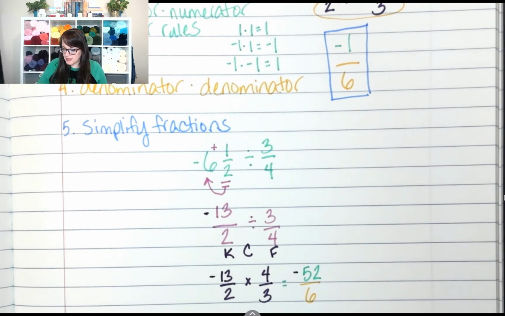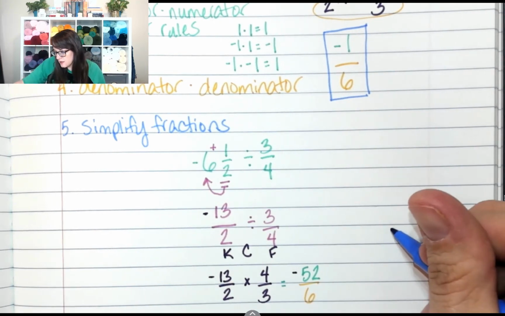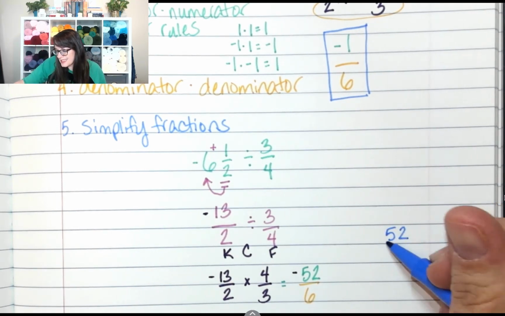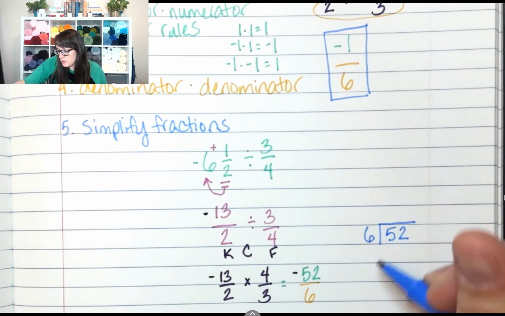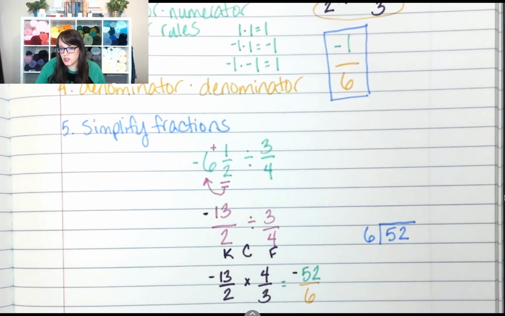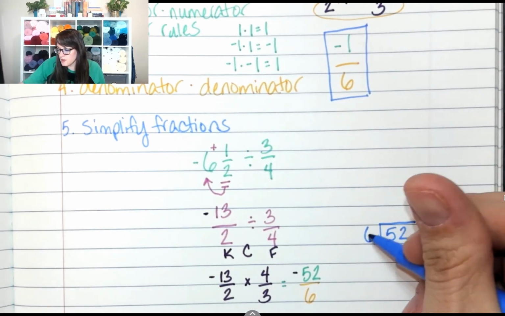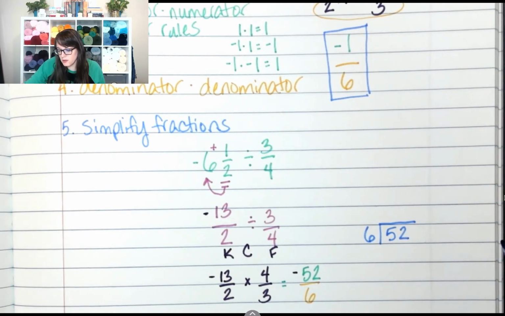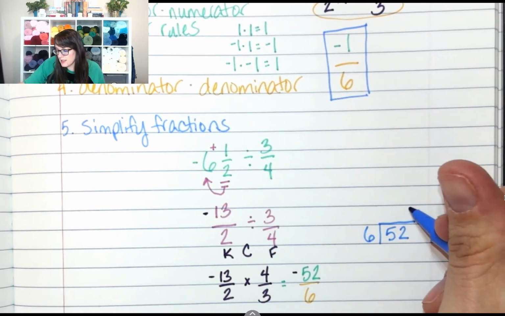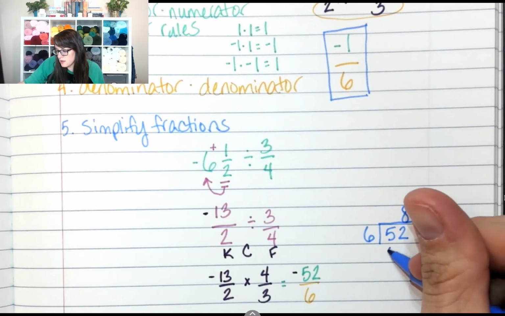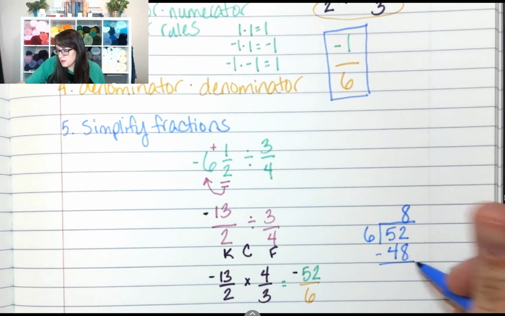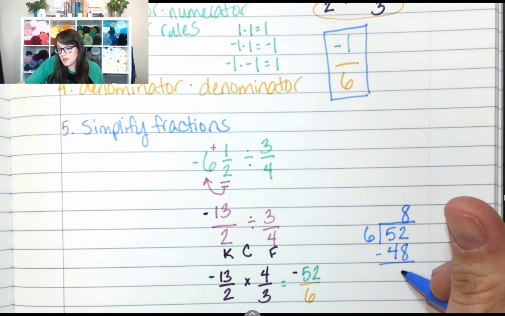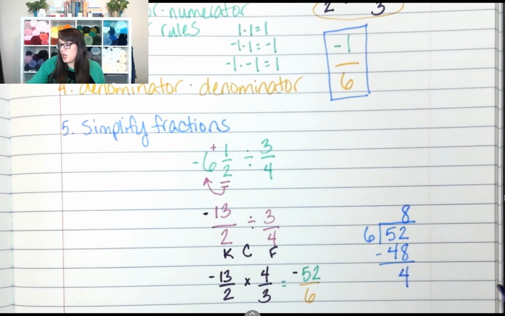Now I'm going to make it a mixed number. To make it a mixed number and simplify it, I'm going to put 52 inside and 6 outside, because this is just another way to show division. So 6 goes into 52 8 times. That'd be 48. That leaves 4. Now my question is a fraction, so my answer needs to stay a fraction.